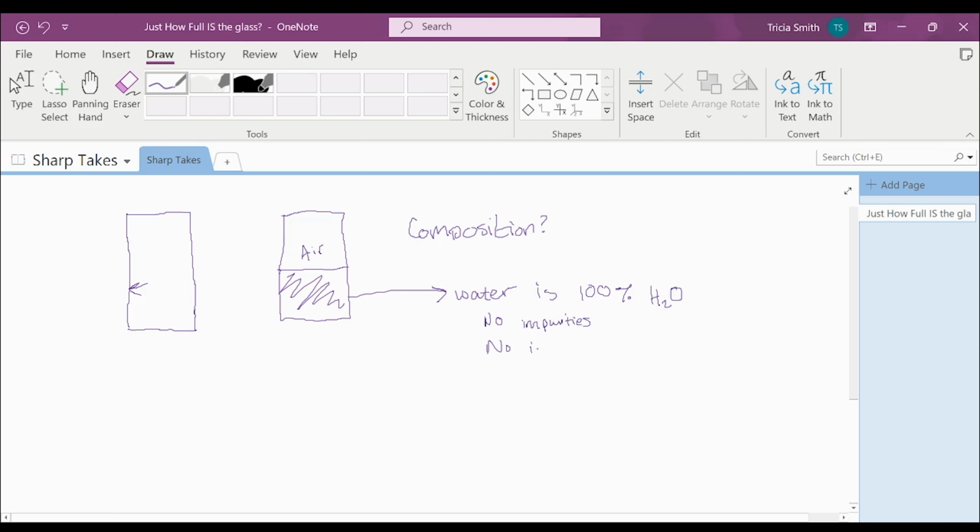No isotopes. And they all are perfect molecules. Also, let's assume there's no effect from capillary action.